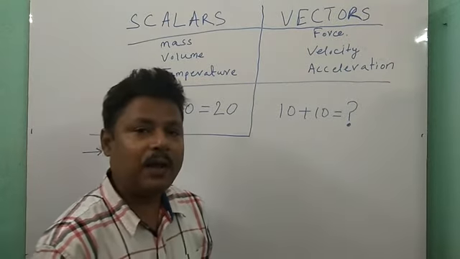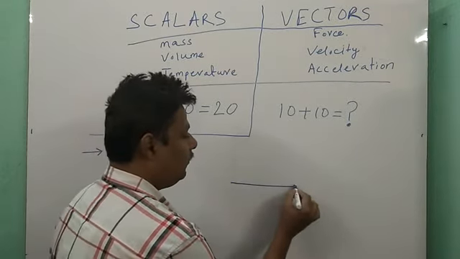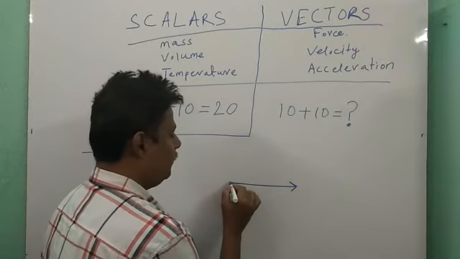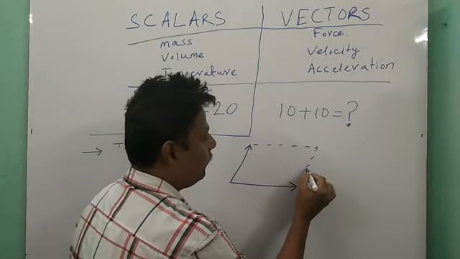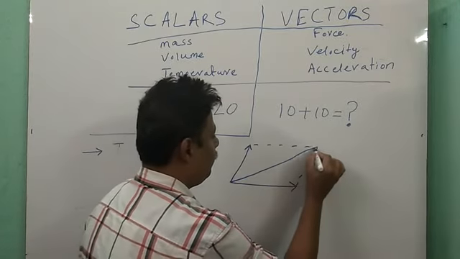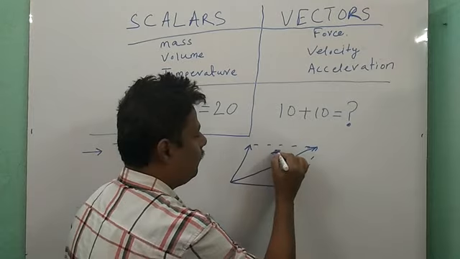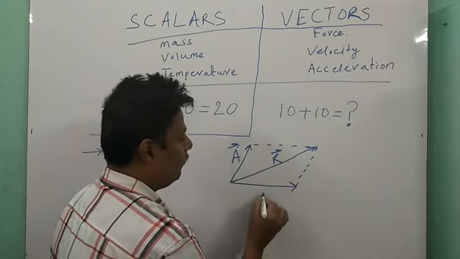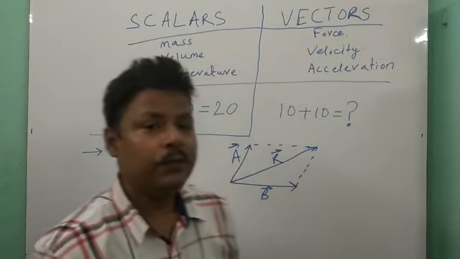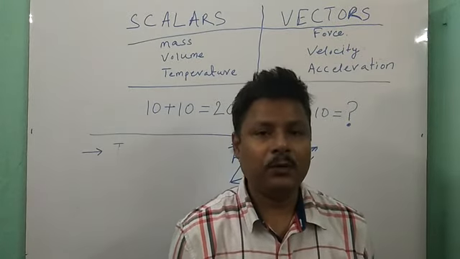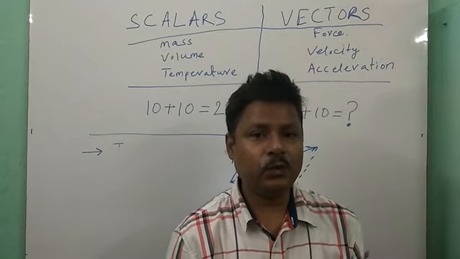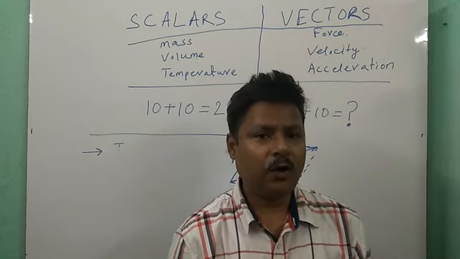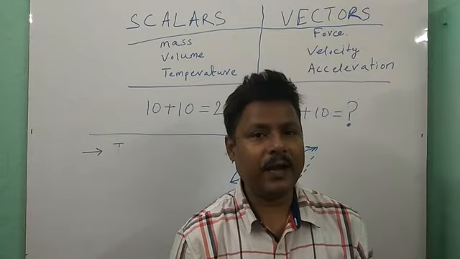You see, the parallelogram law of vector addition is just like this. If this is one vector, this is another vector, you see, if two sides of a parallelogram which are touching each other, originating from a particular point, represent two vectors, then the diagonal of the parallelogram is the resultant of these two vectors, the summation or addition of these two vectors.